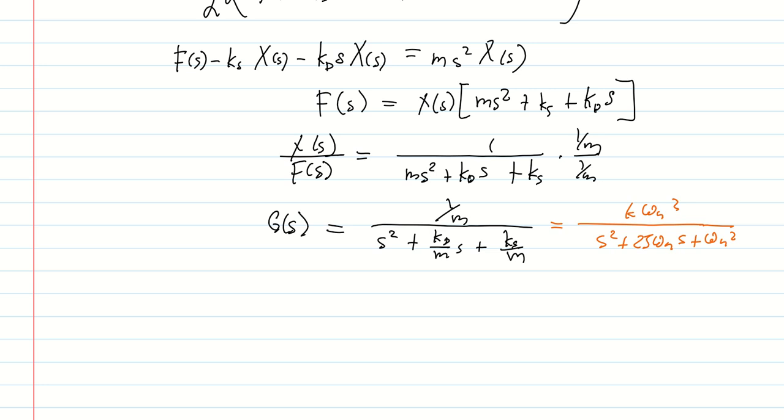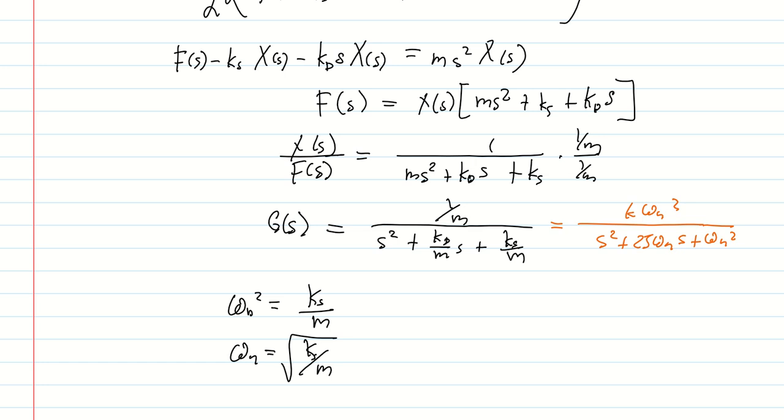First, omega n squared is equal to the spring constant all over the mass. Or omega n is the square root of the spring constant over m, the mass. So this is the natural frequency.